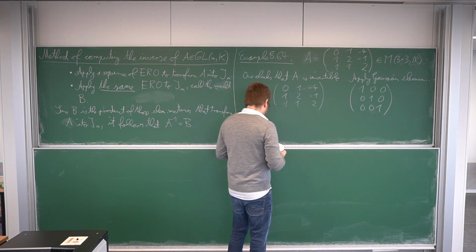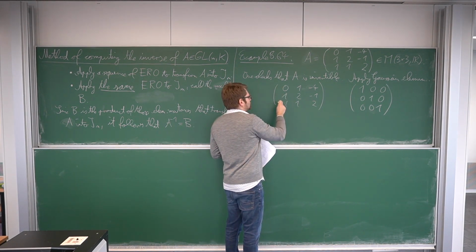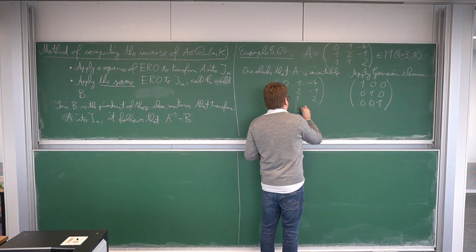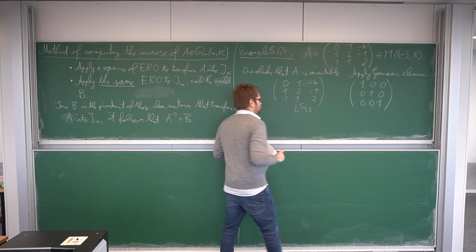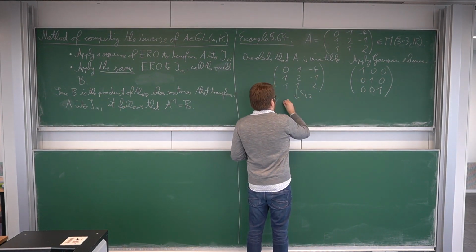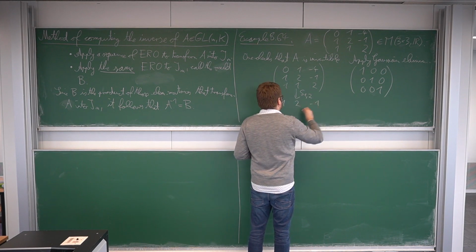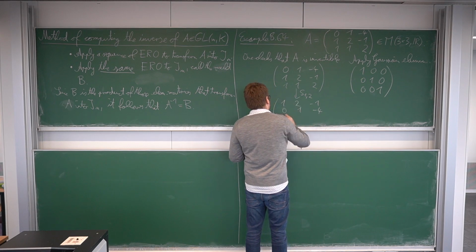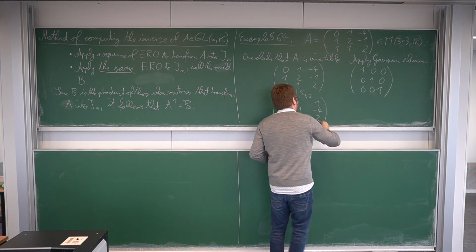Instead we can swap these two rows, so we apply S12, the swap of the first and the second row, which gives 1, 2, minus 1 as the new first row, the second row is 0, 1, minus 4, and the third row remains as it is, 1, 1, 2.